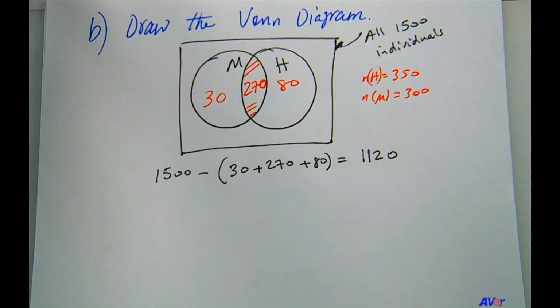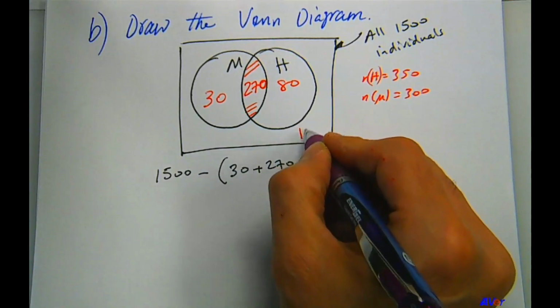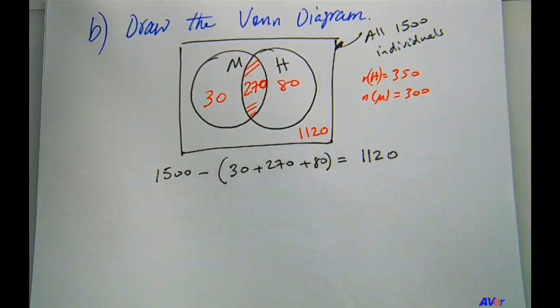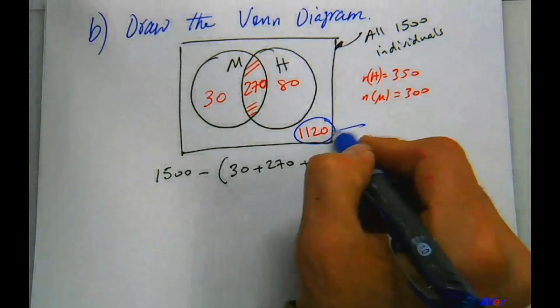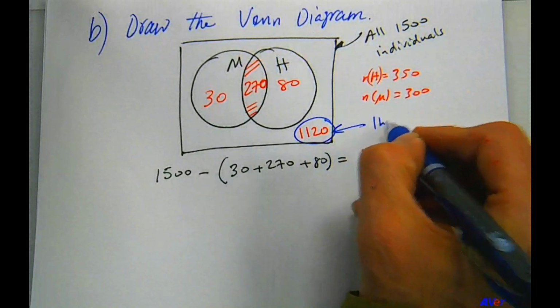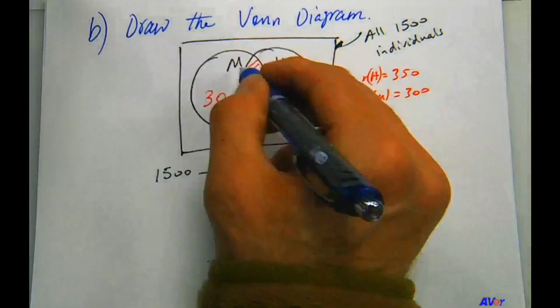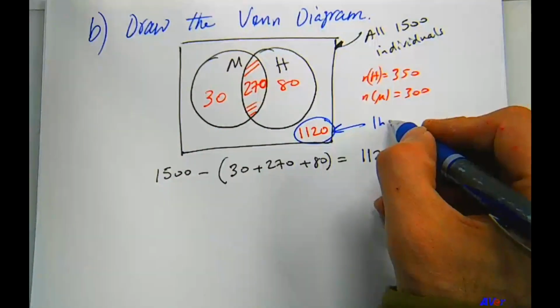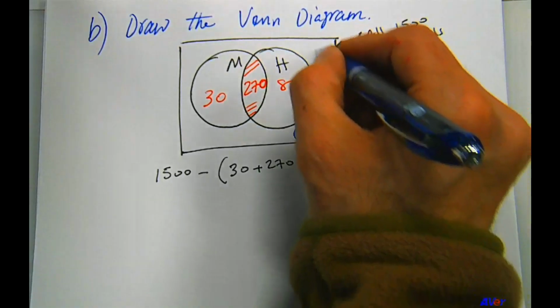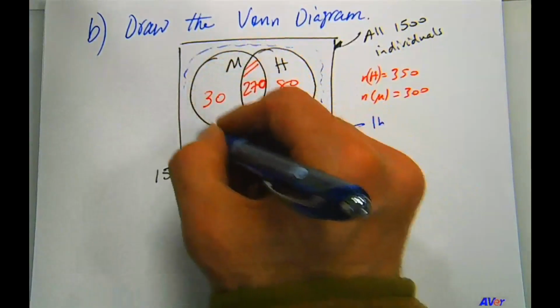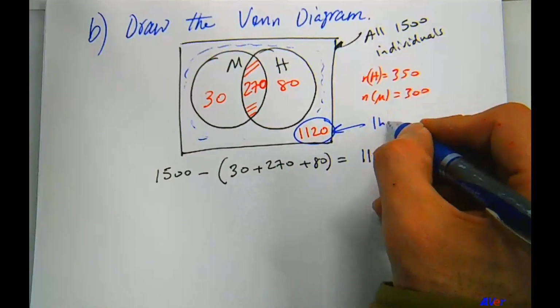So that 1,120 people would be placed in this part of the Venn diagram. So what do these people represent, right? These people represent all of this space outside of both circles. So all of that region includes this 1,120.